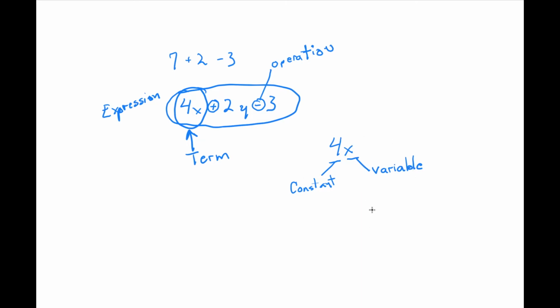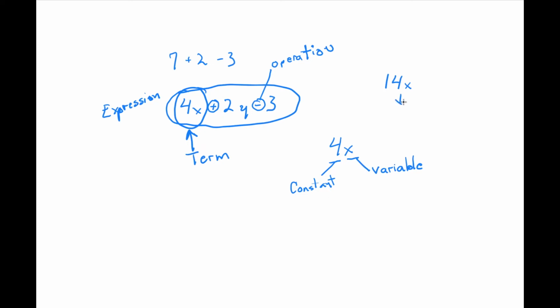Now, the other thing you need to remember when we have a term with a variable, is that it is always multiplication going on between the constant and the variable. And it doesn't matter how many places are in the constant, as long as it's a number, it is treated like a numeral. So this could be 14, right? It could be 14x.